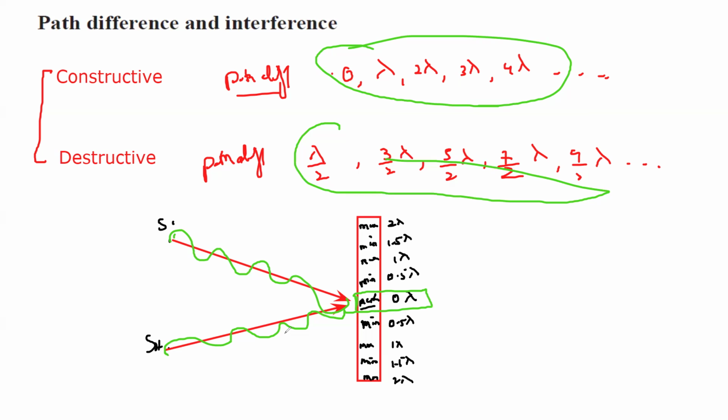What is the use of maxima and minima? Using that, we can work out the wavelength. There's an experiment to work out the wavelength of the wave by using these maxima and minima.